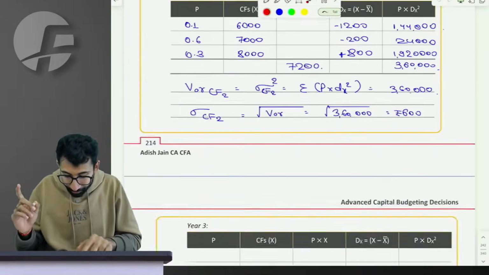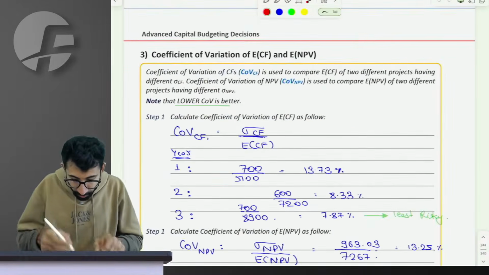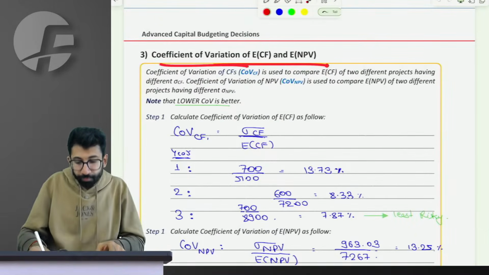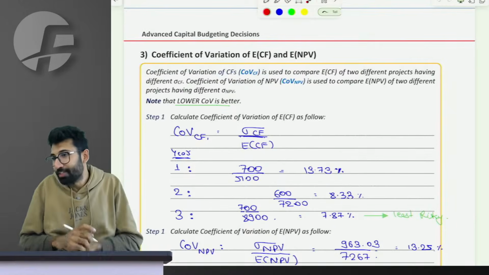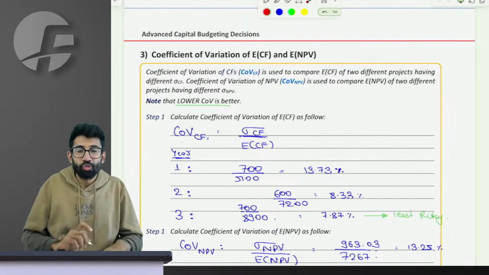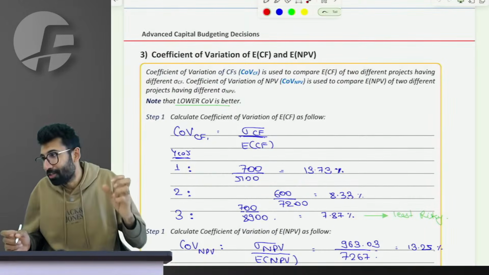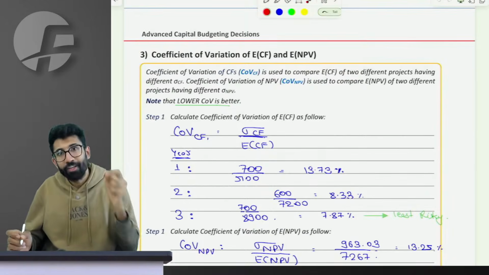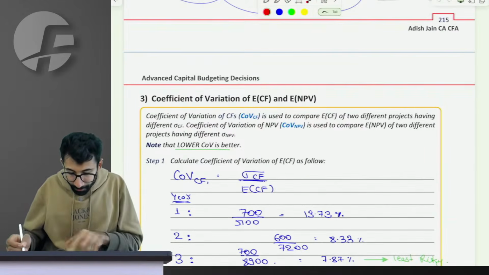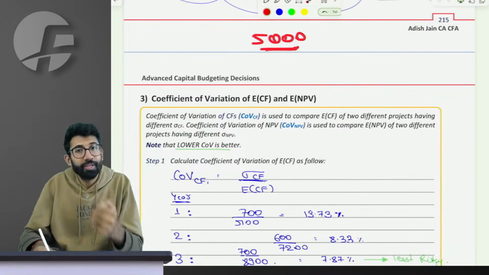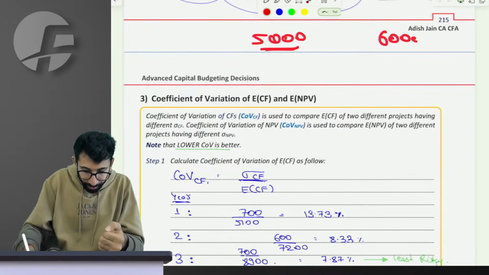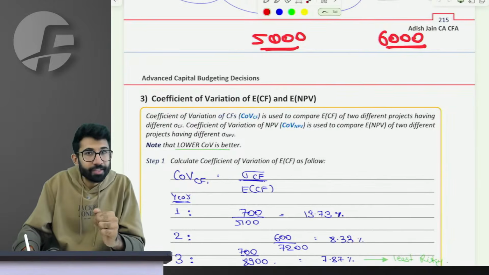There is one more thing we have to calculate in it, which is the coefficient of variation of expected cash flow and expected NPV. Sir, what is this funda now? Let us learn. Everyone in the class, please pay attention. It's going to be again very basic. If you have two projects, one gives me an expected cash flow of 5,000, another gives me an expected cash flow of 6,000.